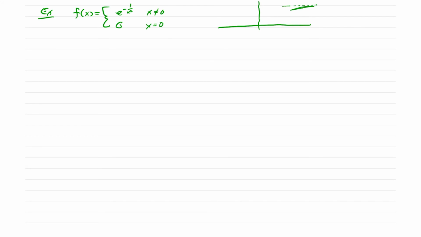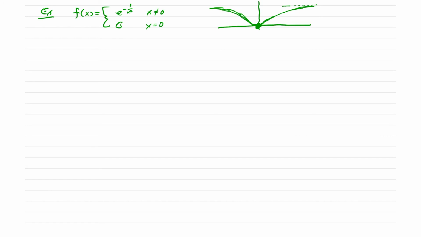And as x goes to 0, negative 1 over x squared has a negative asymptote to infinity, which pulls the exponential down. So again, like I said, even function. We have an undefined value at x equals 0, but we avoid that by defining the function separately, putting 0 right there.